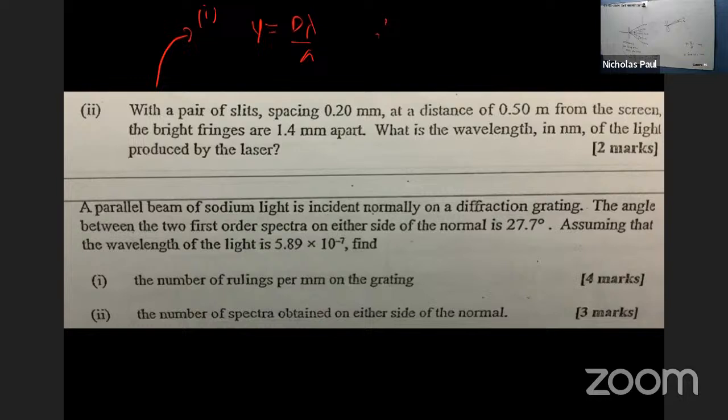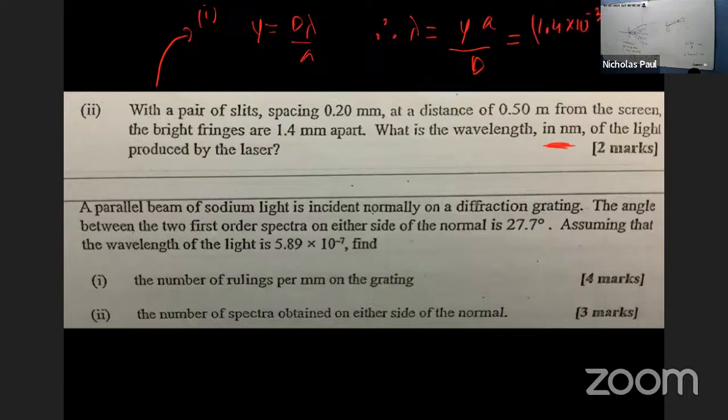What is the wavelength? They want the answer in nanometers. Y is 1.4 by 10 to the minus 3.